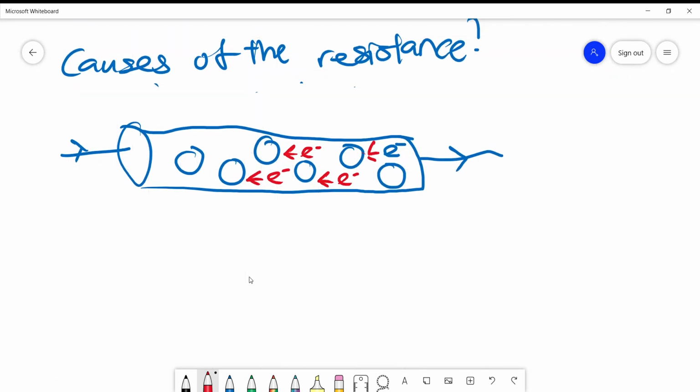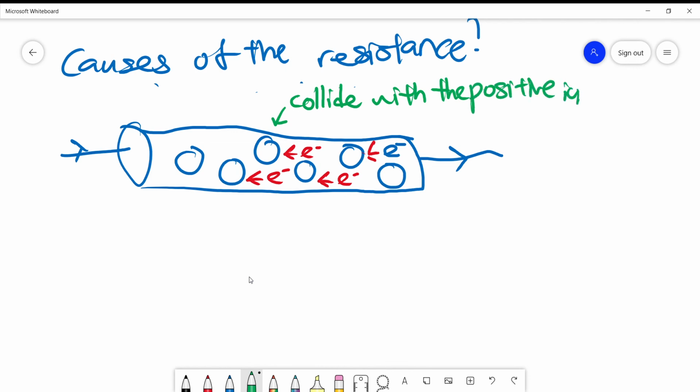When the electric field is supplied to the wire, the electrons are accelerated, as we discussed in the previous video. The accelerated electrons will eventually collide with the positive ions, or the lattice atoms, which is all acceptable.